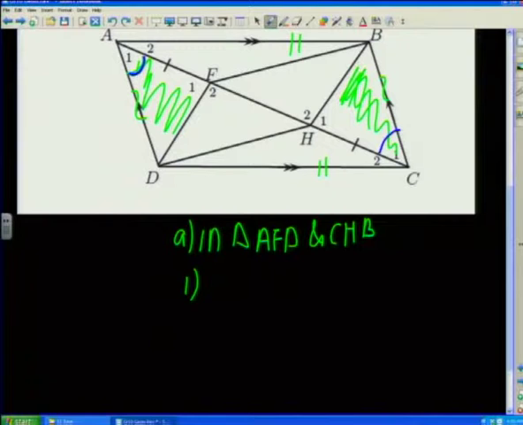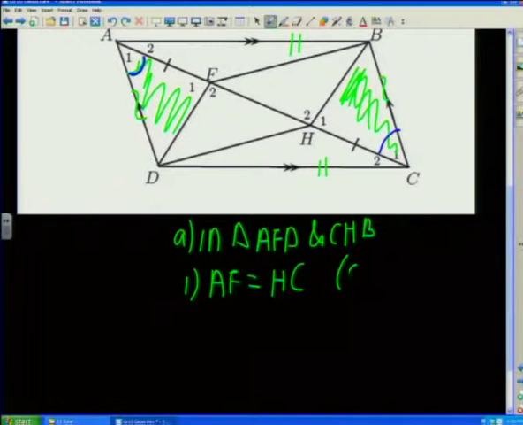First thing that was given to us is that AF is equal to HC. Okay, so we set that out with a reason. The reason here is that it was given.